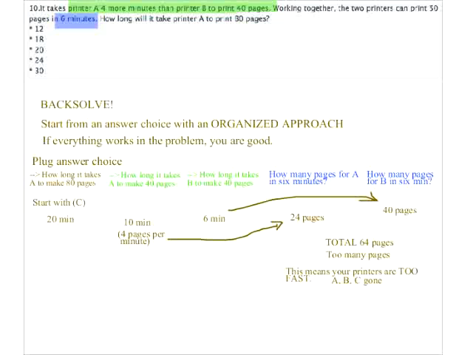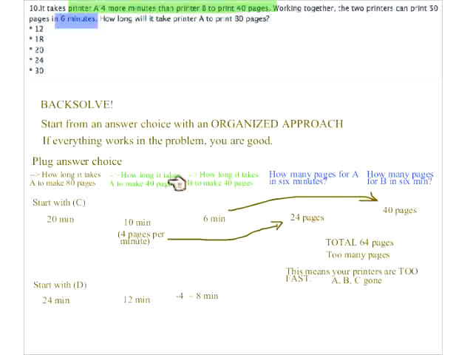So let's try D. 24 minutes. So that means that it's 12 minutes to make half as many pages. Minus 4 is 8 minutes.